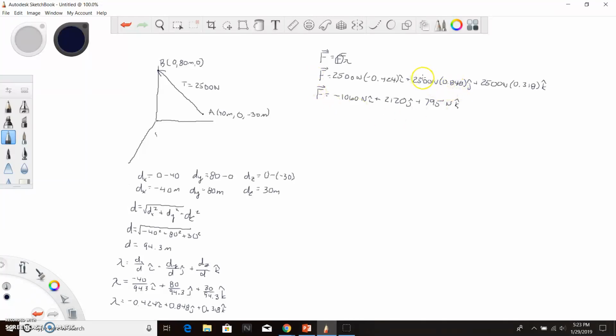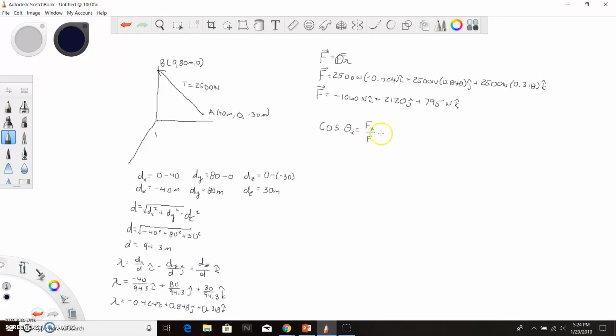Now, if I want to find the direction of the force, all I've got to do is take F sub x and divide by F. If I wanted those direction angles, the cosine of theta x is going to equal F sub x over F. I already know F. That's 2,500 pounds.